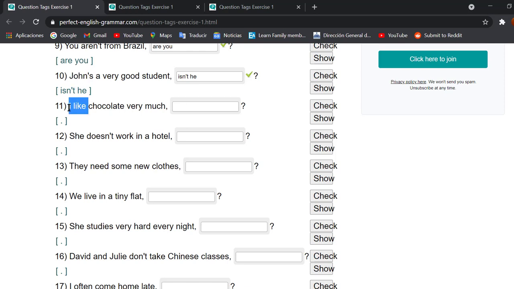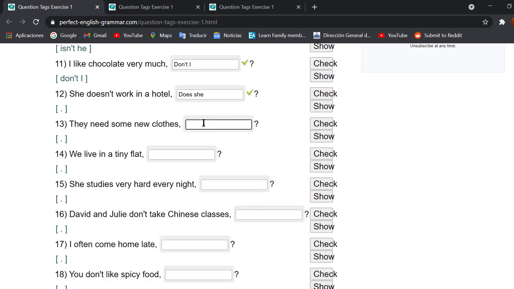So we have the verb, the auxiliary do here, okay? I like chocolate very much, don't I? Correct, you see? She does work in the hotel. Does, positive, and she.